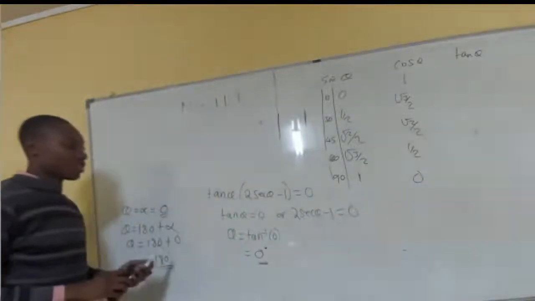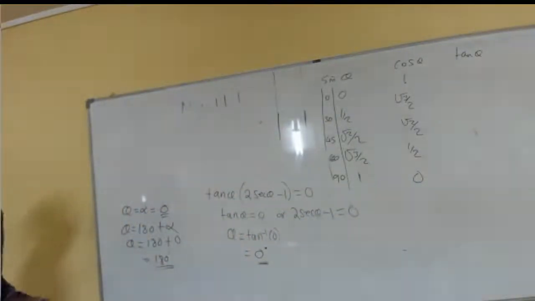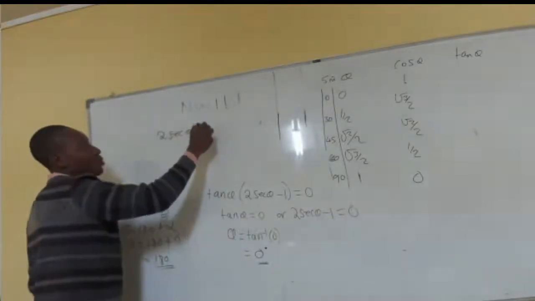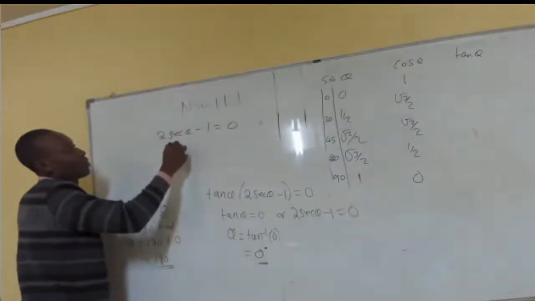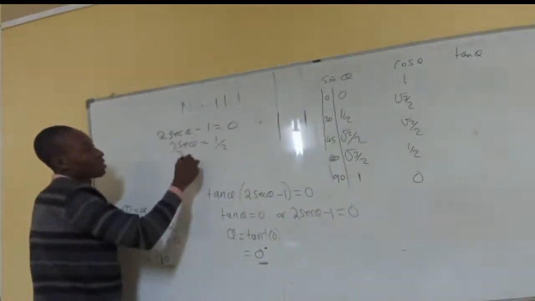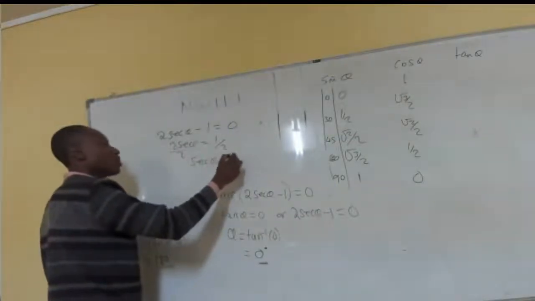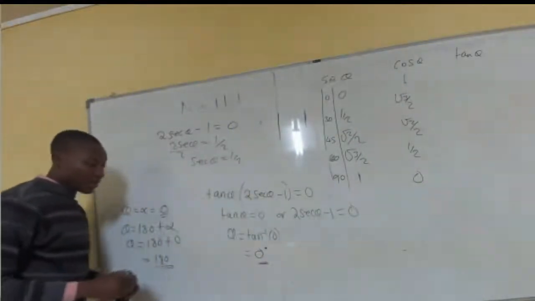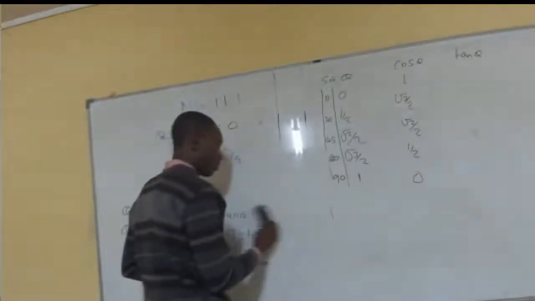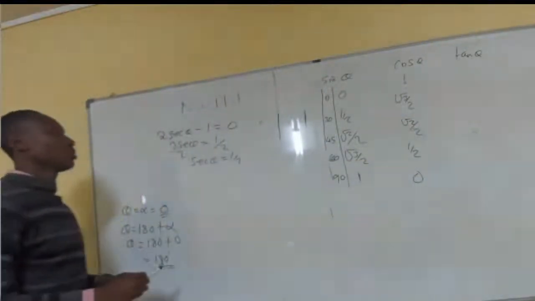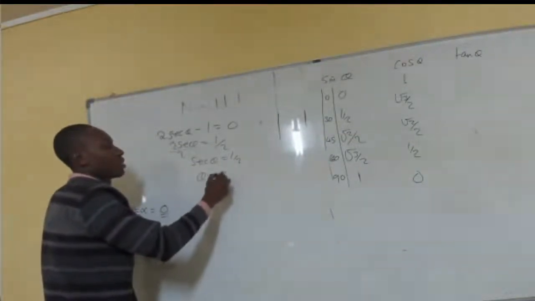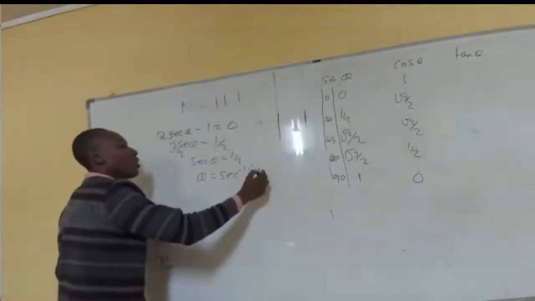In the second set of solutions, we've been told that we have 2 sec theta minus 1 is equal to 0, right? So we have 2 sec theta equal to 1. We divide both sides by 2. So we're looking for sec theta being equal to 1 over 2. Now I know that some of you may not know what sec theta equal to 1 over 2 is, but what you need to know is that theta is sec inverse of 1 over 2.